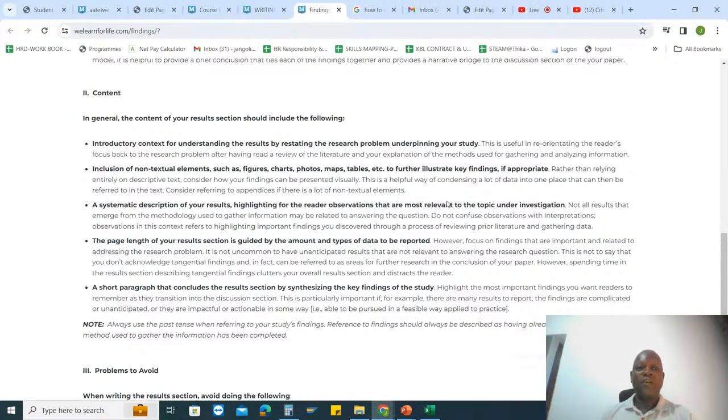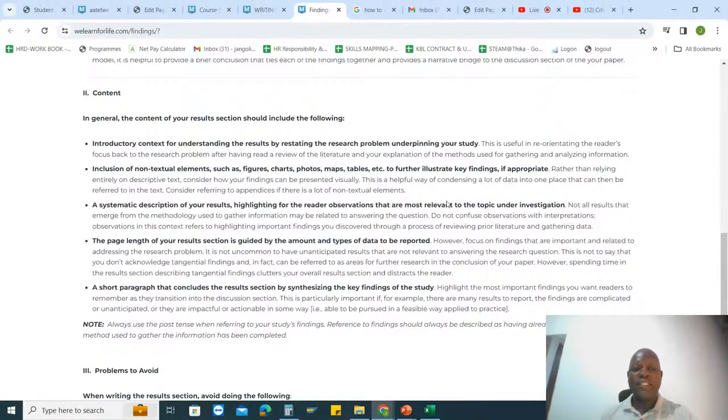In general, the content of a results section should include the following. We have the introductory content, then the inclusion of non-textual elements such as figures, charts, and photos. I know in the NGO world, we have a lot of photos that speak volumes.